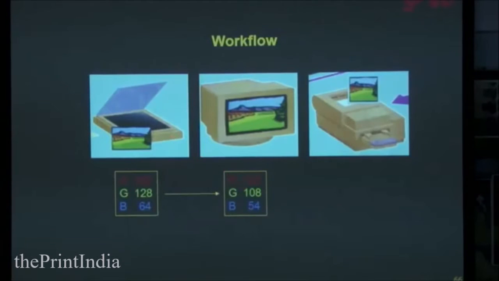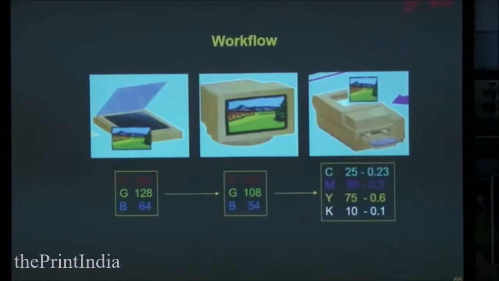Then we send this color to the printer for print. So we print in dot percentage. Some printers, in photography, can also give you density values. So you get CMYK. Converting from here to here, and here to here, is done through what we call the interpreter.